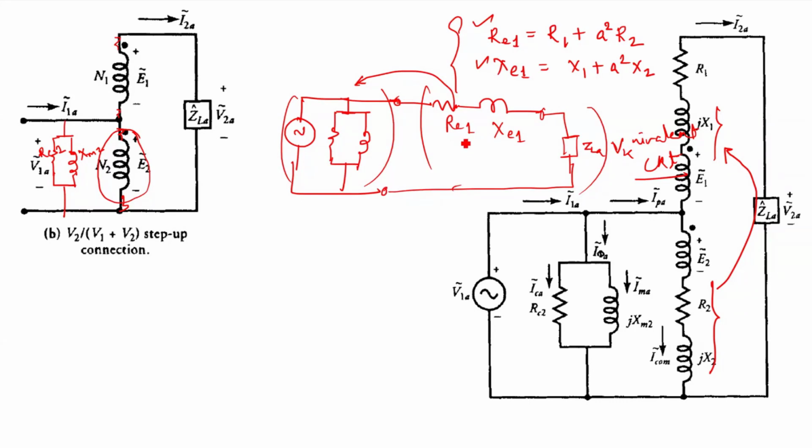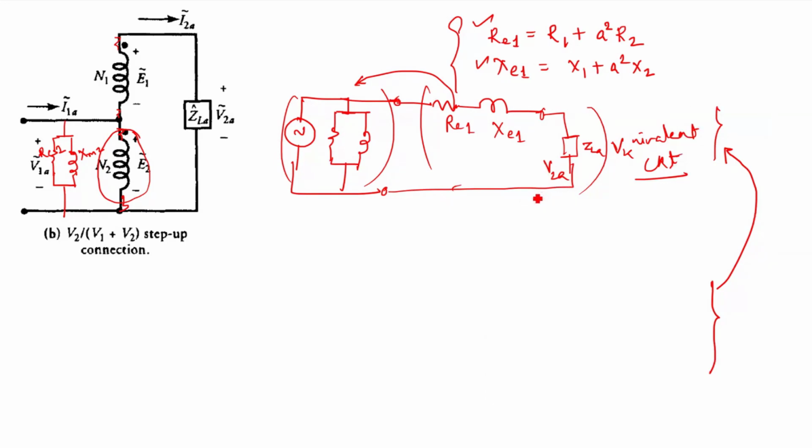So if I refer RE1, XE1 and ZLA and V2A, all these quantities into the primary side, then I will multiply AT square with the RE1 and XE1 and ZLA, and AT with V2A, right?